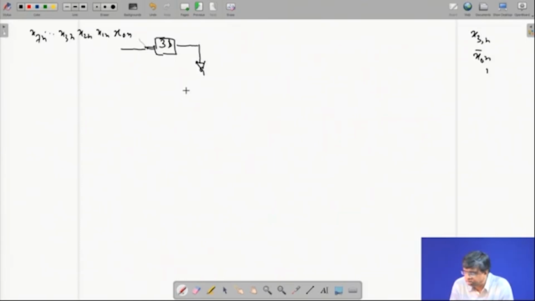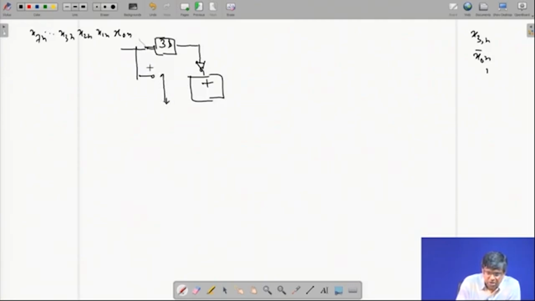And then there is a NOT gate. I have to add, so this comes here. Let me have a switch. This switch will start at 8n plus 3. At 8n plus 3 it will touch here. So I'll get x3n, and at that time I will have x0n bar coming here, and this adder's initial carry is binary 1, and that is at 8n plus 3, of course, that is the time when adding starts.